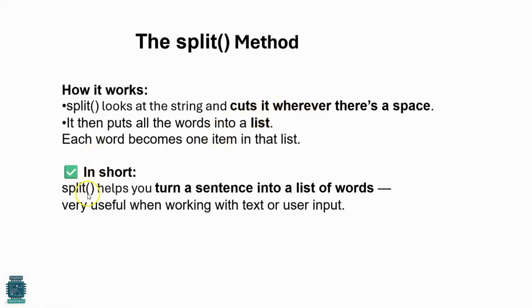In simple words, we can say that split helps us to turn a sentence into a list of words. It is very useful when working with text or user input. We can cut the sentence into more items, more words. Very clear with the split method?